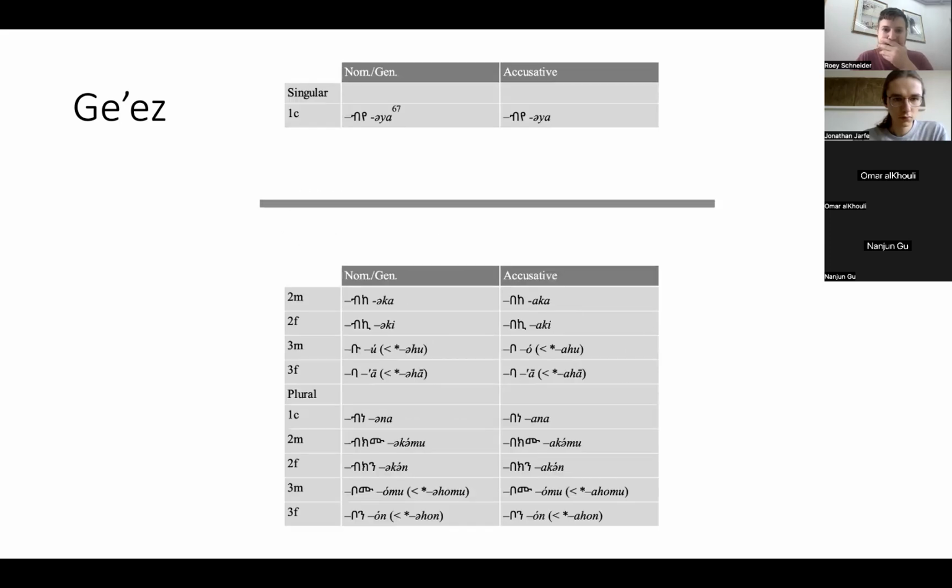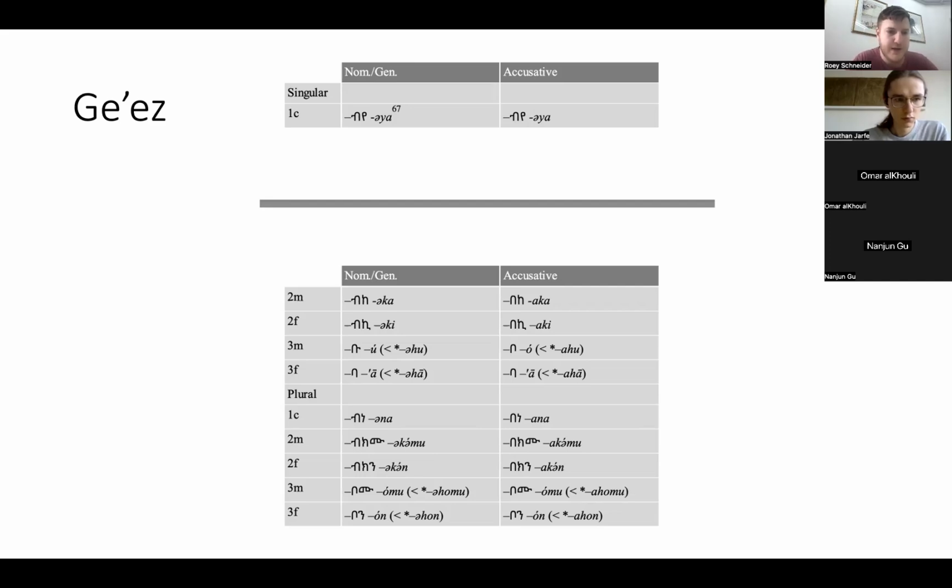Okay. These are the suffix pronouns, just so you know that there's this omu and on that I have not made them up. Everything else is pretty much exactly what we would expect. So nothing very special. The nice thing about Ge'ez is that it has a diptotic case system.